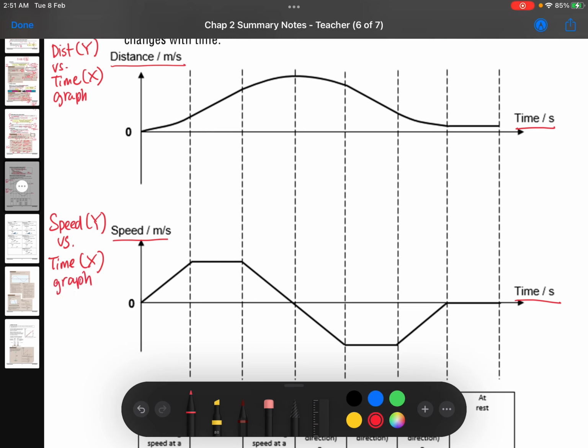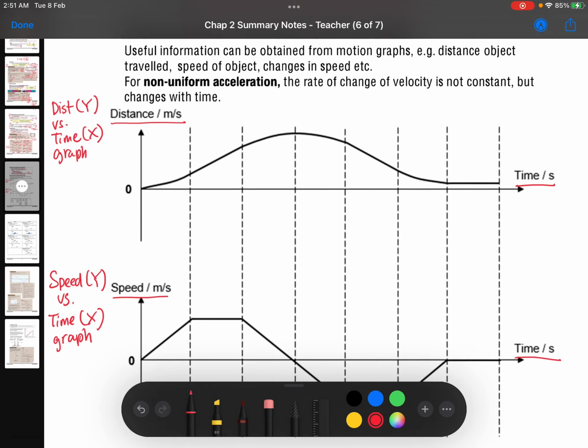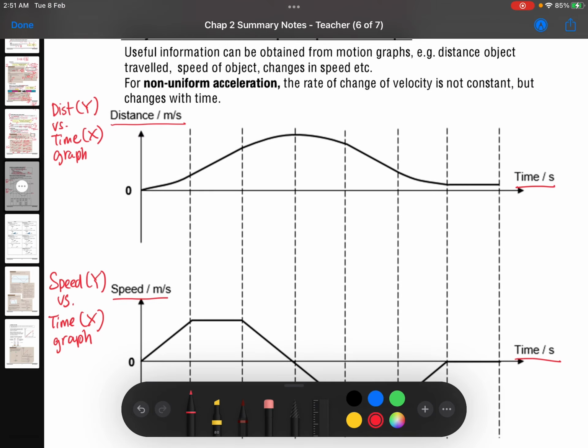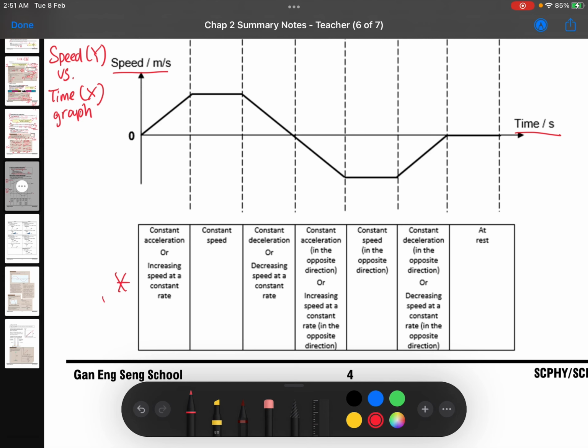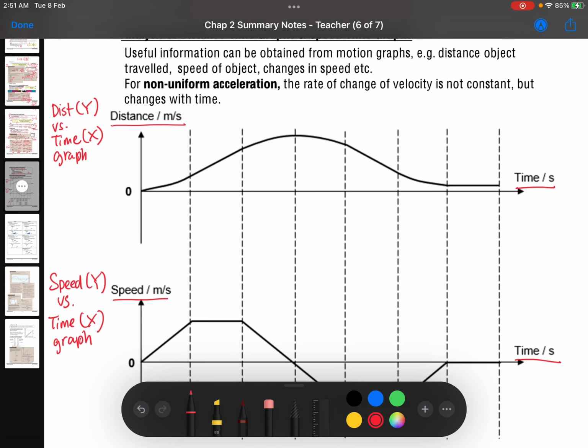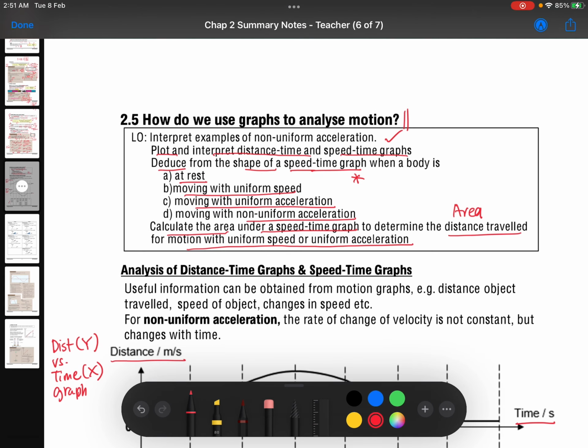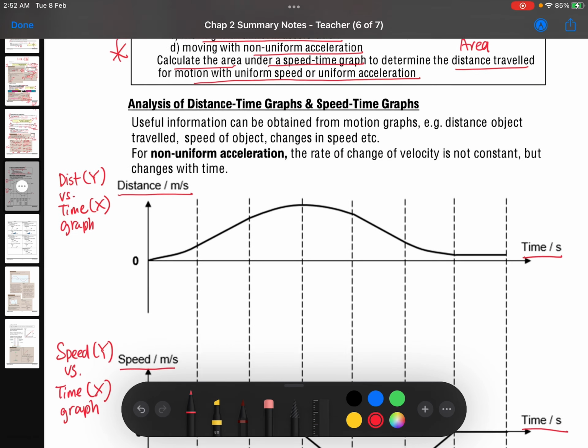You need to know which one is the x-axis and which is the y-axis so that you will be able to interpret. This table is very important because it will help to answer your learning outcomes on how you interpret the graph you see.